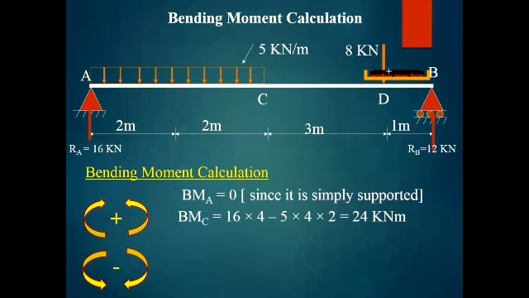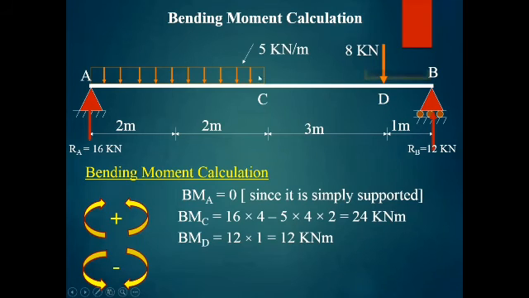Then next is bending moment at D. When we calculate bending moment at D, we again have a choice that we can take the left hand side or the right hand side. But definitely left hand side is simple because there is only one load.